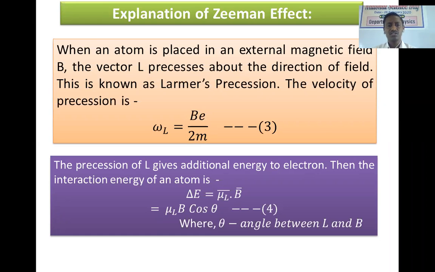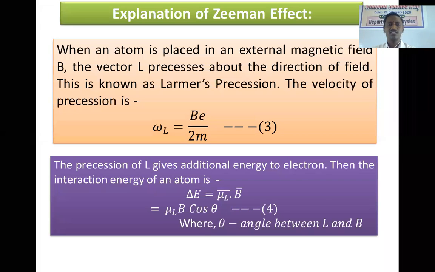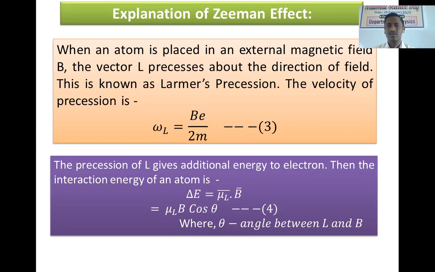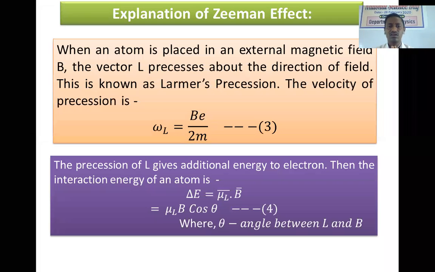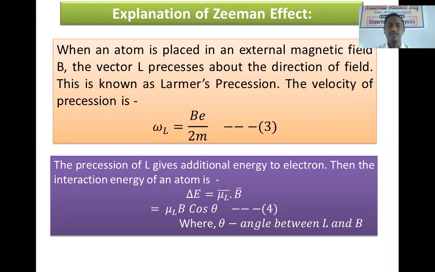The precessional motion, as I have told you before, is the motion on the surface of a cone, like an ice cream cone. The precession of the electron's orbital momentum vector in presence of a magnetic field is called Larmor's precession.